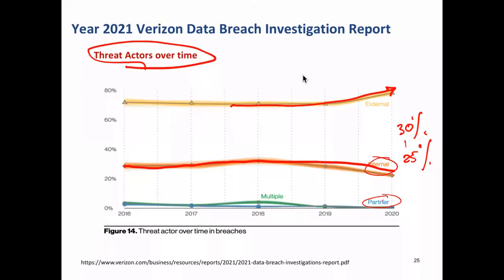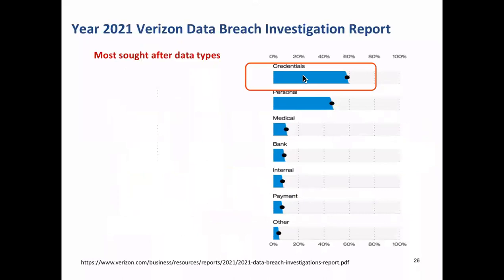A lot of other information is also available, right? Your friend may know a lot about you. Your spouse may know much more about you. And those people, almost 25 to 30% of crimes happen because of people who are part of the household or part of the system. Again, this says that if a cyber criminal is trying to get something, what are they trying to get?